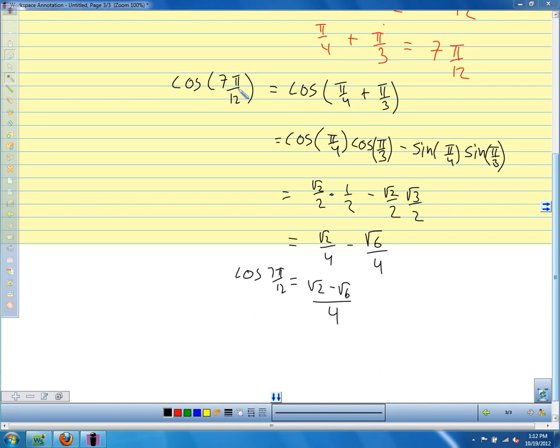All right, let's look at an example going the other direction. So rather than taking the angles apart, we're going to put them together.